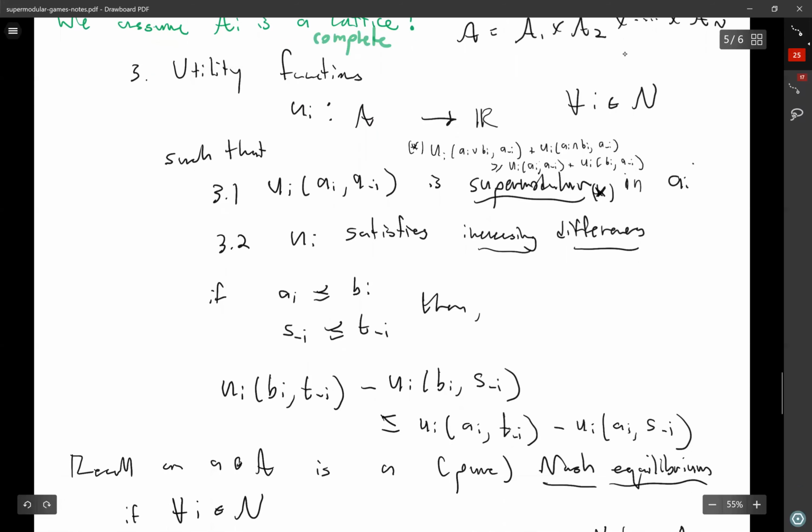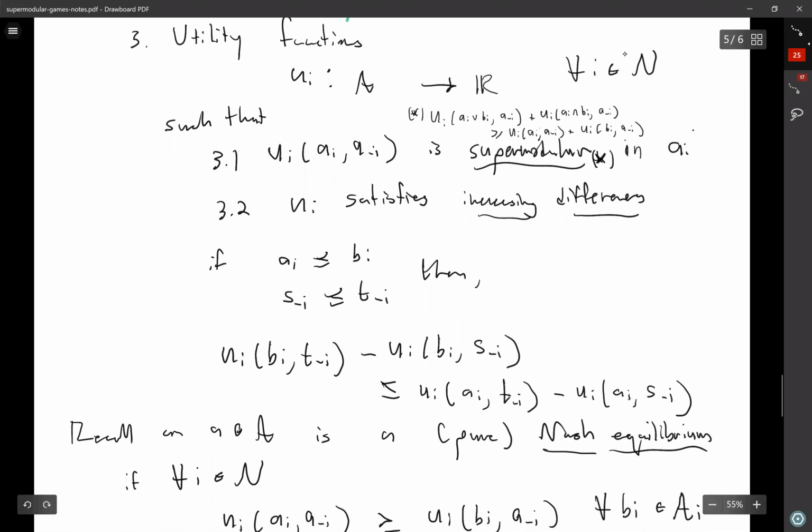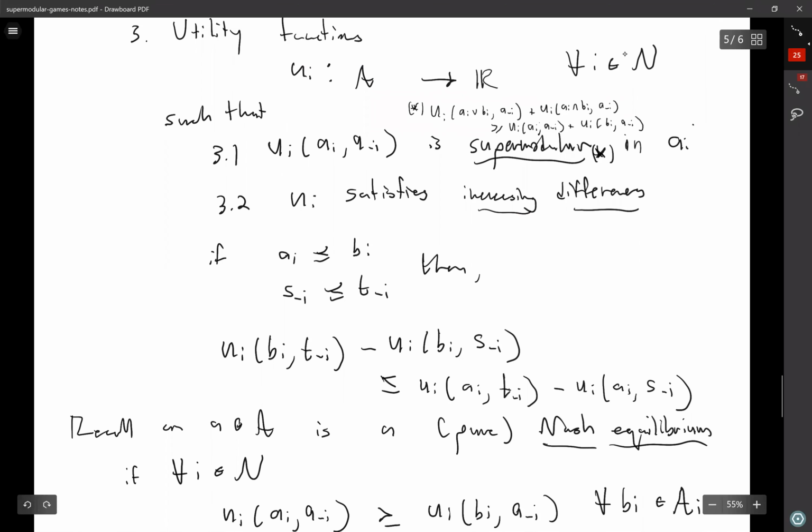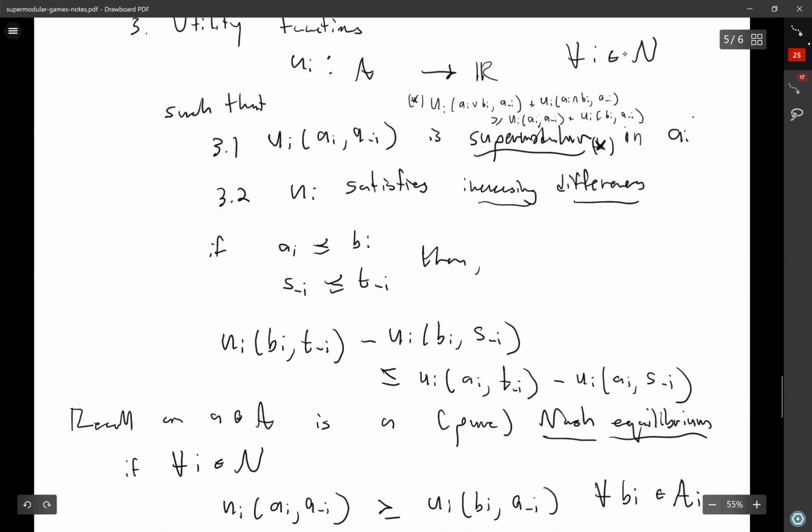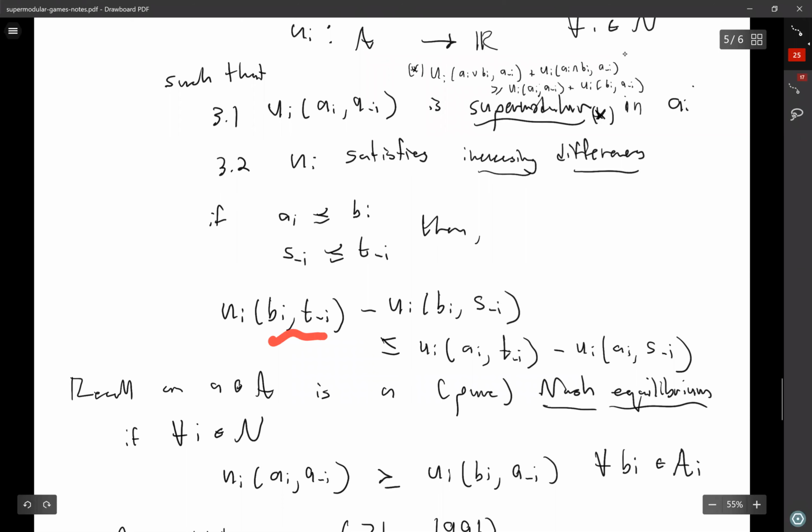We also make the assumption that U_i satisfies increasing differences, which means that if you have a strategy a_i and a strategy b_i, and then everyone else has a strategy s_{-i} and t_{-i}, that we have the following inequality. And the way to think about this is we fix our own strategy here, and then we take a strategy that's greater than this strategy. So our utilities are going to be positive.